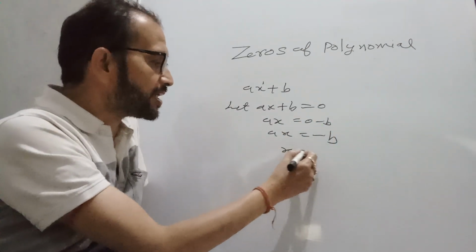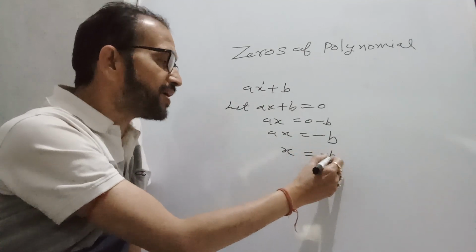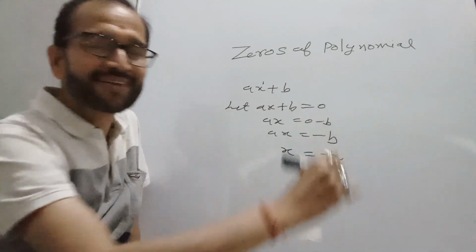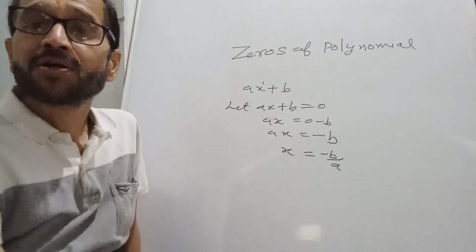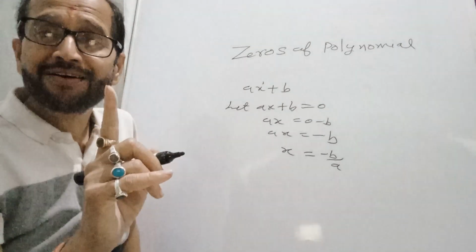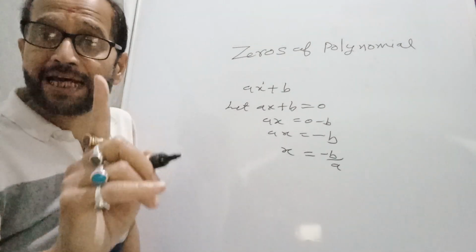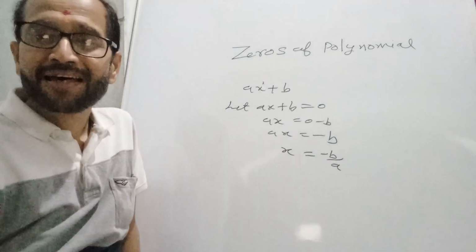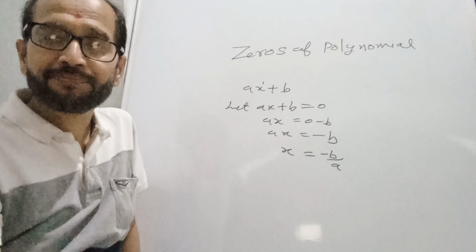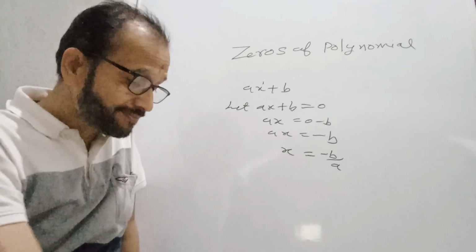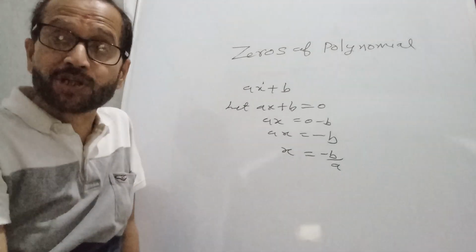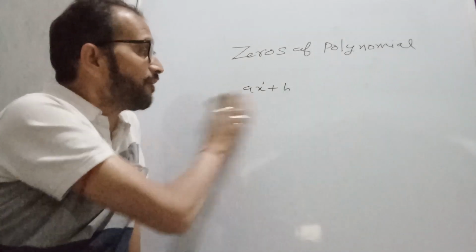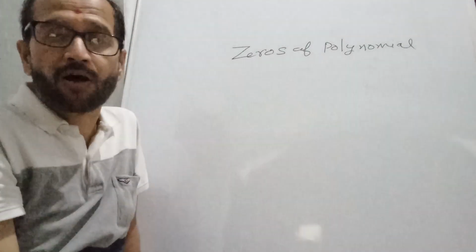So x is equal to minus b upon a. So to find out the zero of a linear polynomial, here is a formula, minus b upon a. But to find out the zeros of a quadratic polynomial, we do not have any such formula.